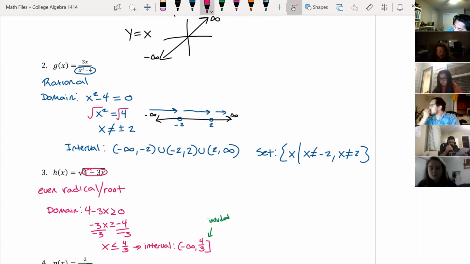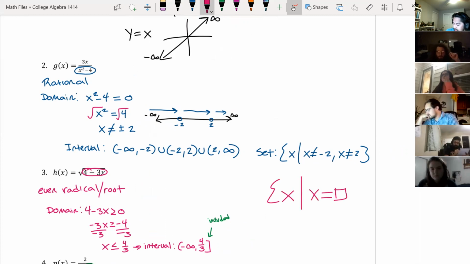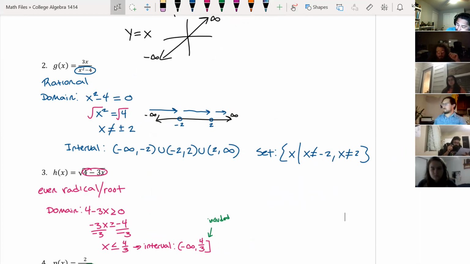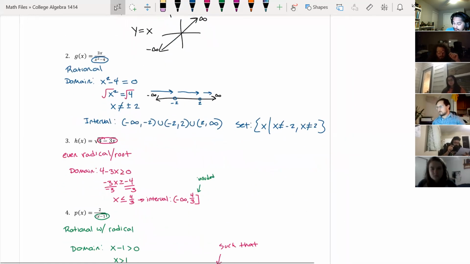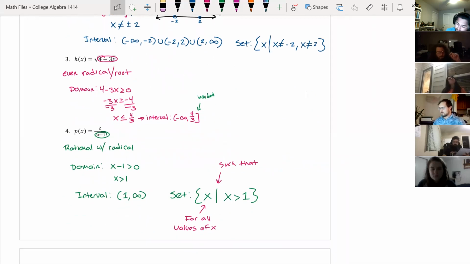And it'll already have most of it set up for you. It'll have x equals some box, and that's it. So yeah, there you go. Good. Set notation. So fancy.